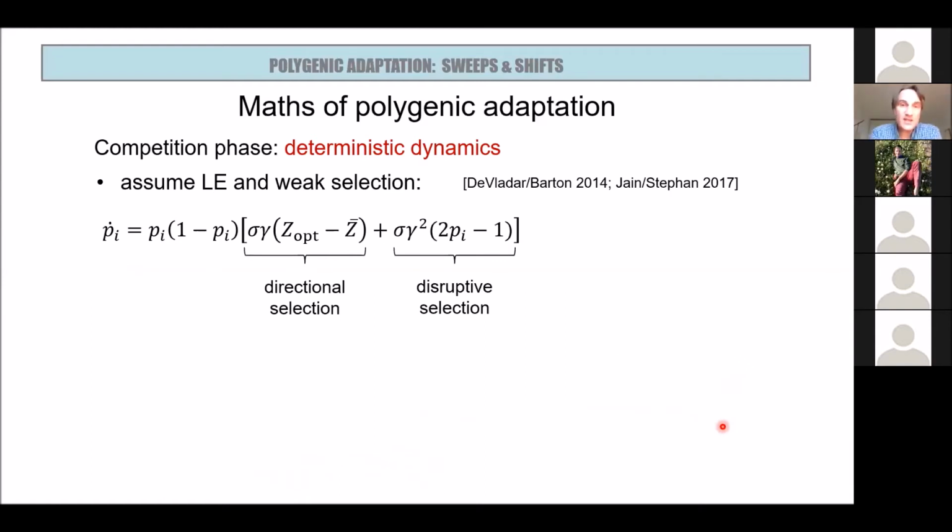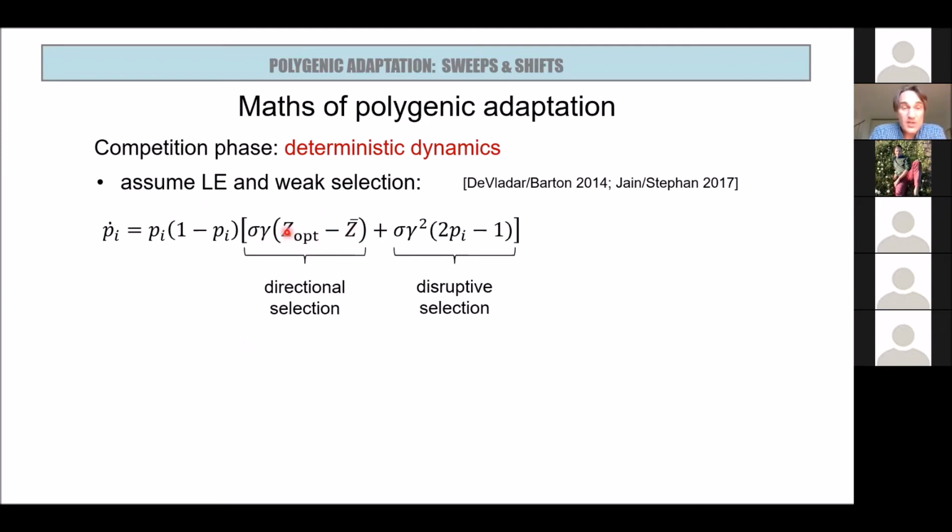Second phase then is deterministic dynamics. And this deterministic dynamics describes the approach of the new optimum under stabilizing selection, right? And this equation has two parts. One that describes directional selection.